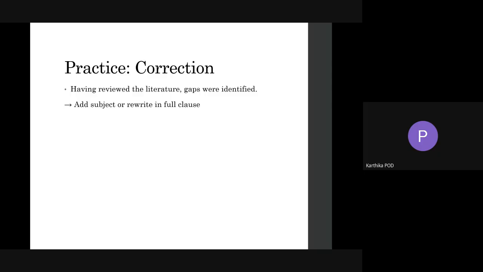Why is there such a long silence? "Having reviewed the literature, the professor identified the gaps." Yes. The professor identified the gaps. I identified the gaps. They identified the gaps. It could be anything based on the context. We just have to answer who reviewed the literature. That's it.